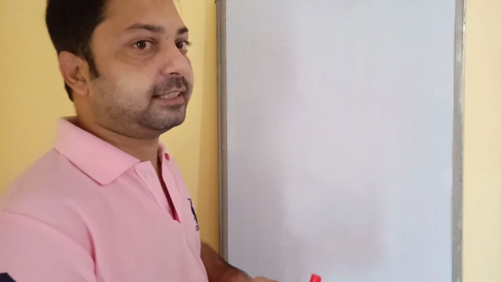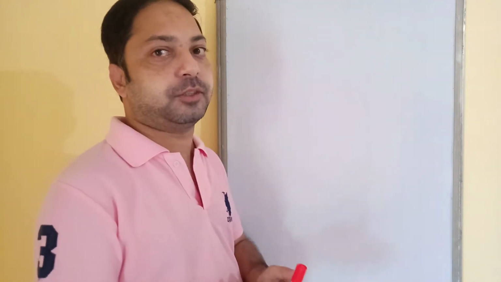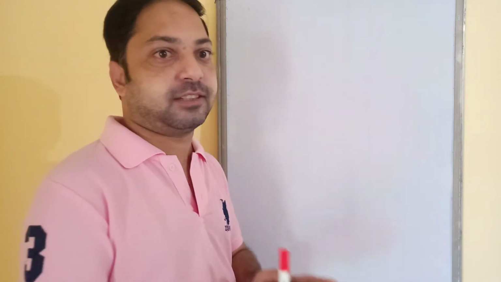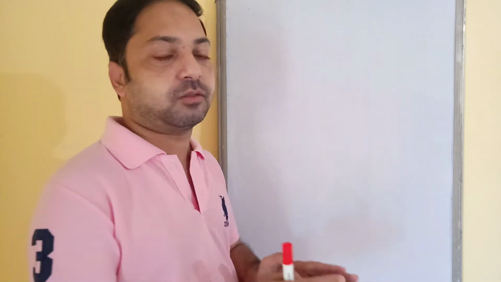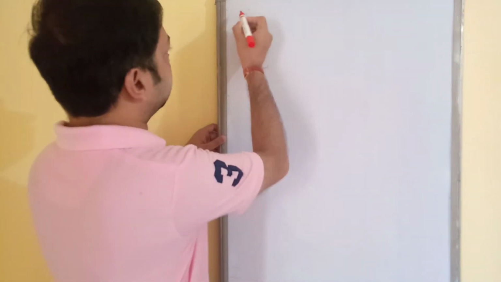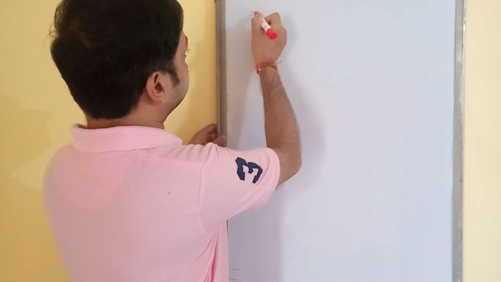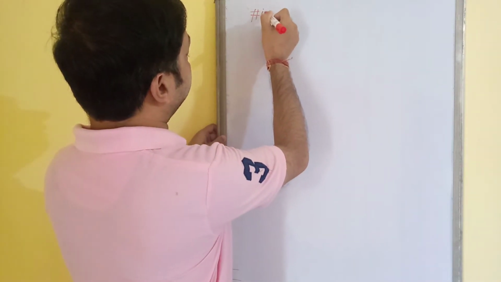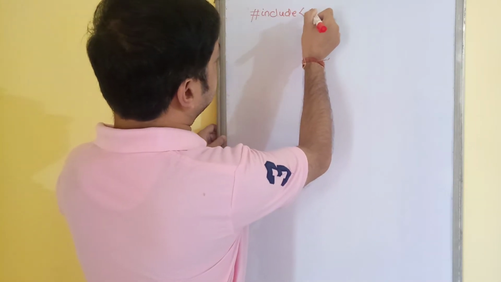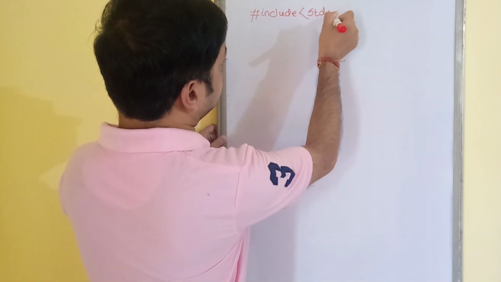So as we already know that there are three basic parts of a user defined function. First one is prototype or declaration, second one is your function call, and the third one is function definition. So let us write a code. So let me write here the header file. First you need #include, it is stdio.h.